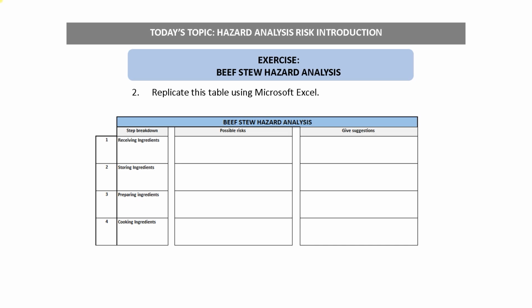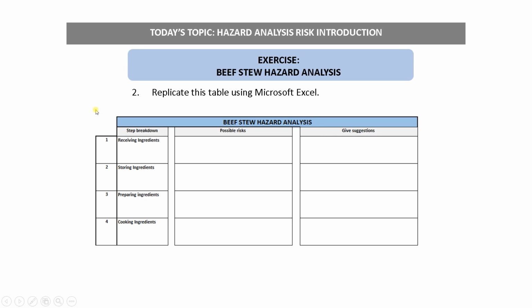To do so, I will ask you to replicate this following table. The title should be Beef Stew Hazard Analysis. The headline should be Step Breakdown, Possible Risk, and Give Suggestion.